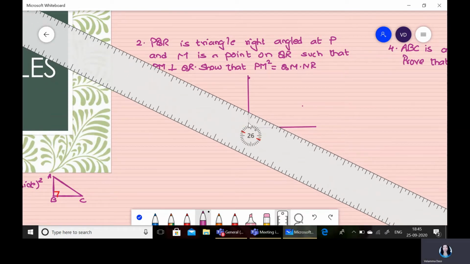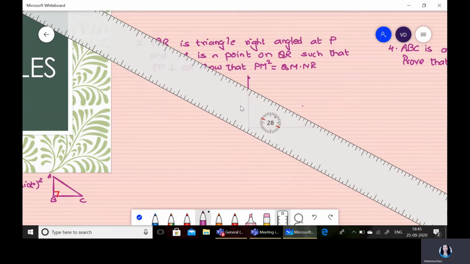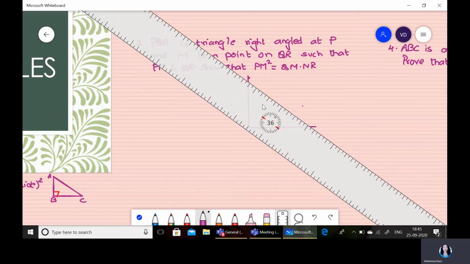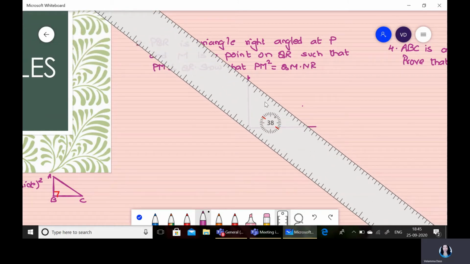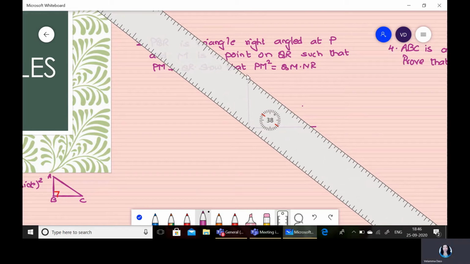So in this geometry, first you have to draw the diagram. Once the diagram is in front of us, then it is very easy to write the proof. So here my beautiful triangle is ready, a right angle triangle. Now it's perfect, I find.